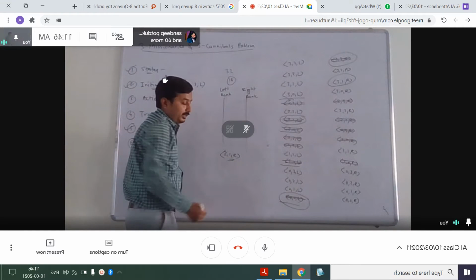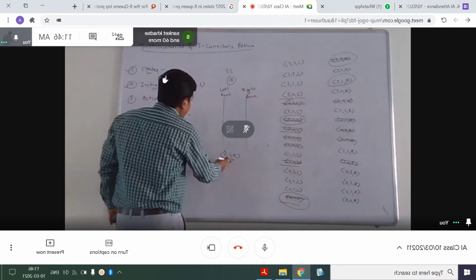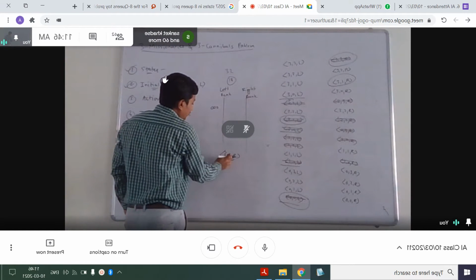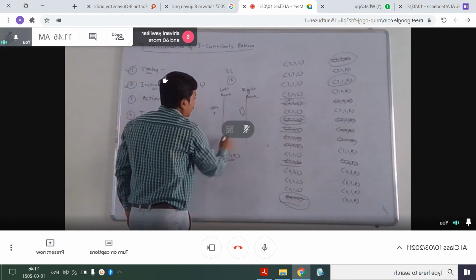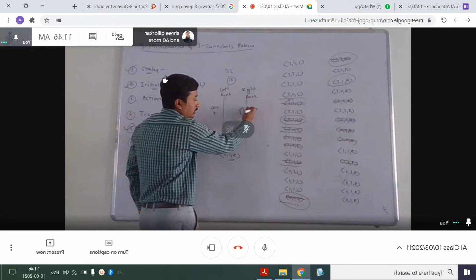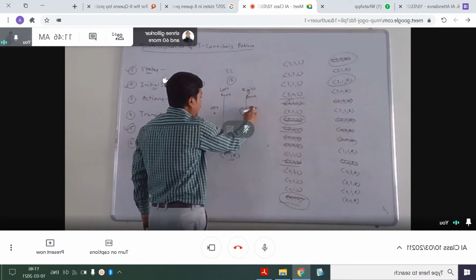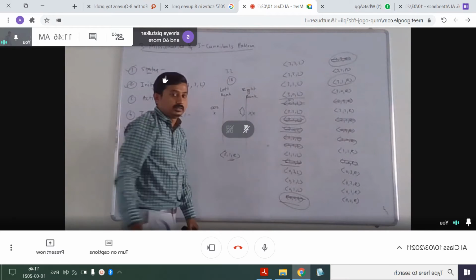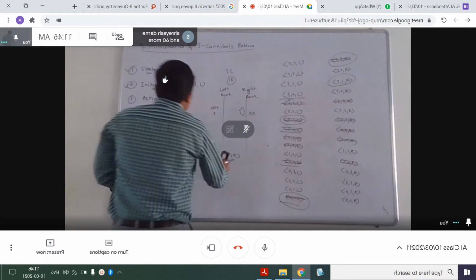Arey, we are maintaining state of only left bank. 3. So yes, we have 3 missionaries, 1 cannibal, and boat is on the right side. From this you determine the state of right bank. So we have 0 missionaries and 2 cannibals. So this is the state.